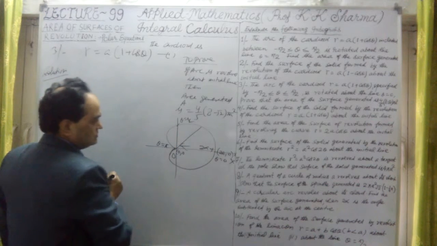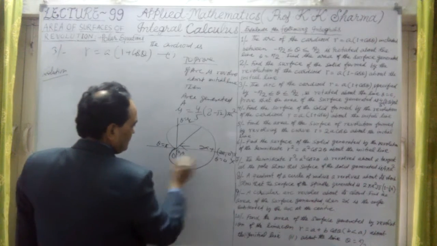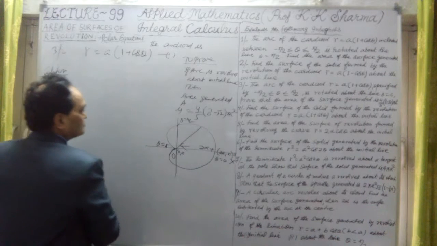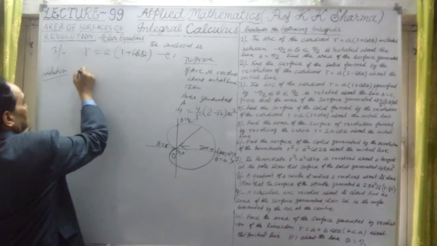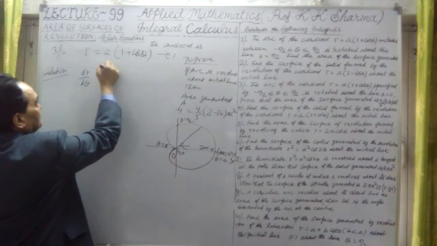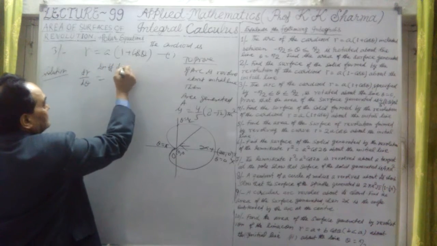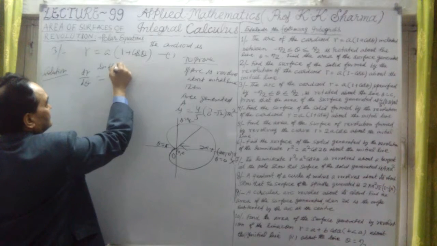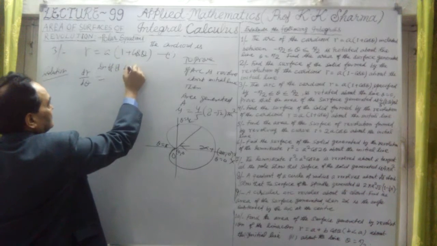Now let me talk about this with the question. So this is r equal to a into 1 plus cos theta. Here r is this, and we need dr by d theta. Let me find it out by differentiating first with respect to theta.